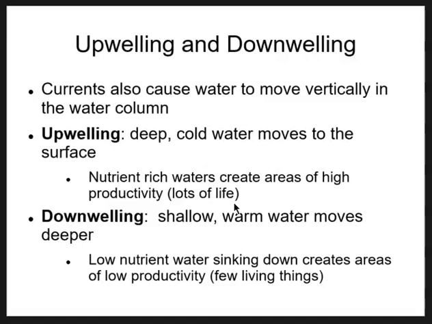Instead, whatever's at the surface is actually sinking down. Okay, so we can have upwelling or downwelling occur due to the direction of currents and also the direction of winds.